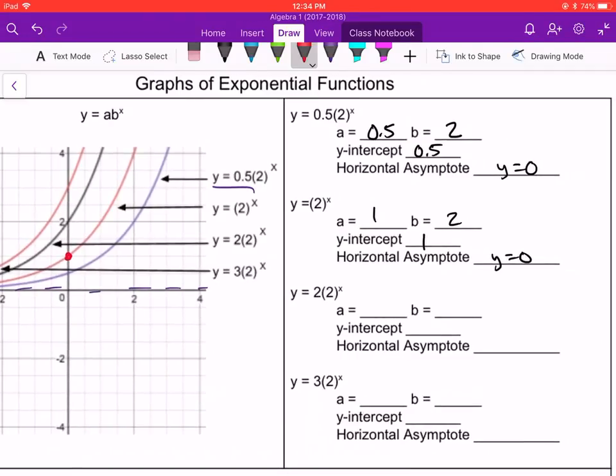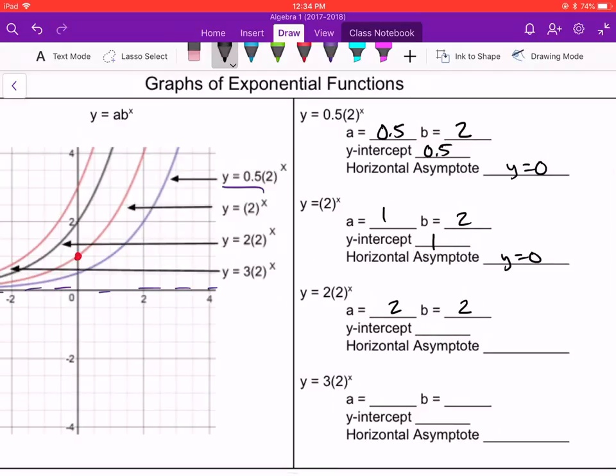If a is 2 and your factor is 2, then your y-intercept is now 2. Do you see how if we increase the initial value, your y-intercept is changing? Your horizontal asymptote is still the same, but look at this. Your y-intercept is now 2. It's just your initial value.